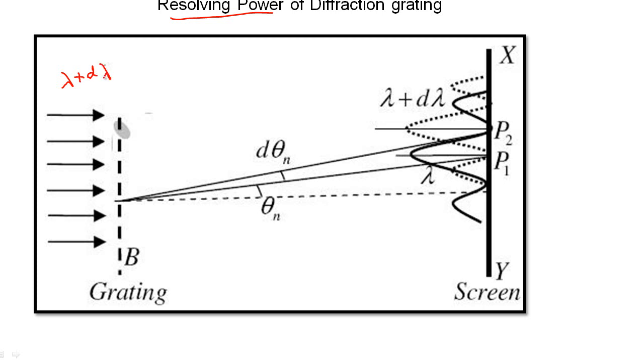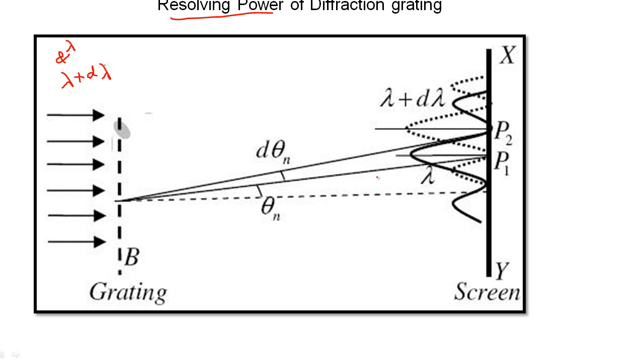So if there are two wavelengths in the source of light, lambda and lambda plus d lambda, when such light is allowed to pass through the grating, you know that it produces a diffraction pattern on the screen.